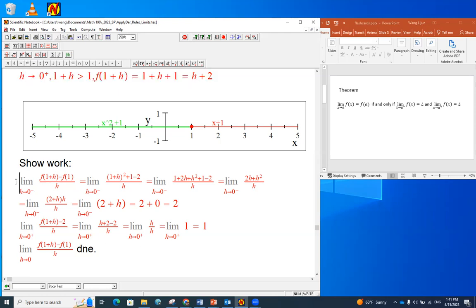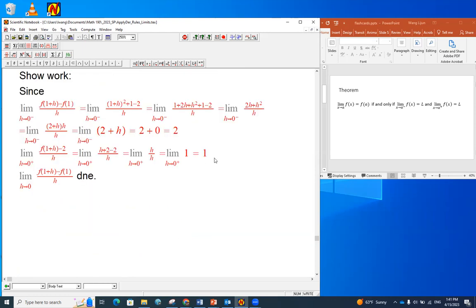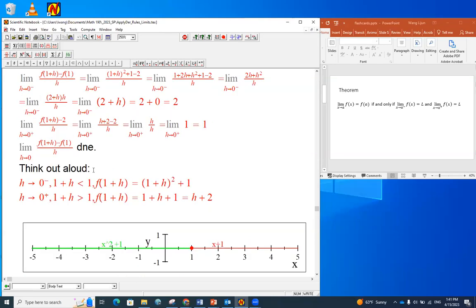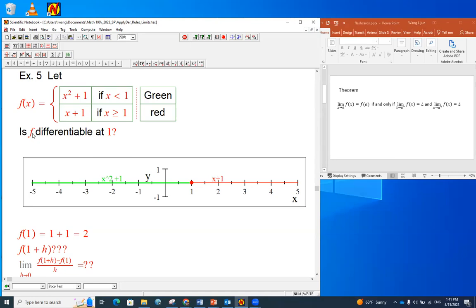And then you can say because or since, then, thus, well, then it does not exist. If that does not exist, then you say f is not differentiable at 1.